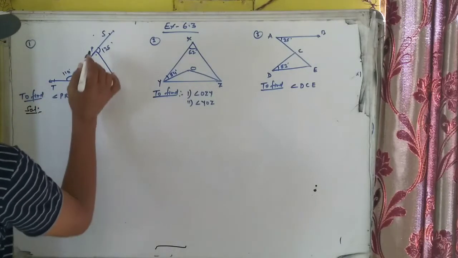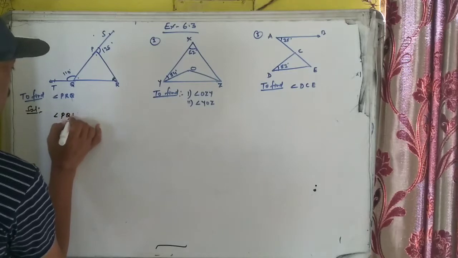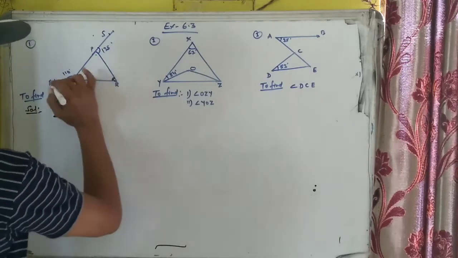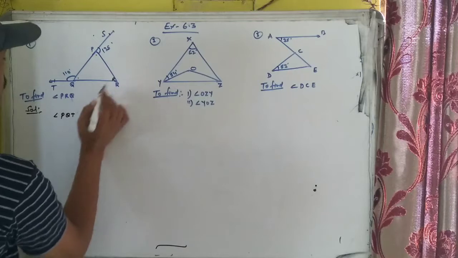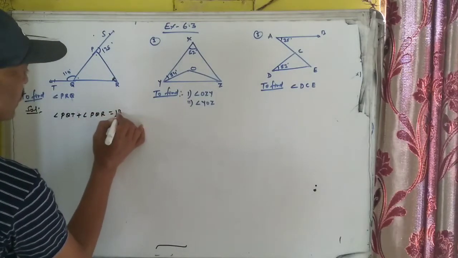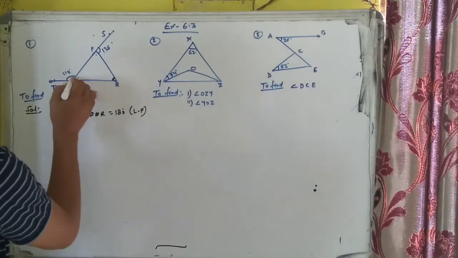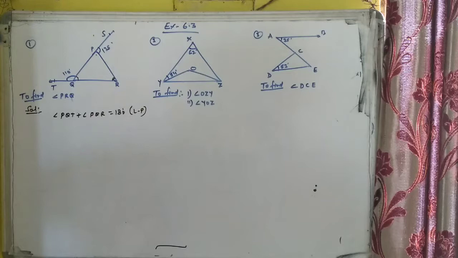Okay, so angle PQT and PQR equal to 180 because they are making linear pair. This angle and this angle are making linear pair.